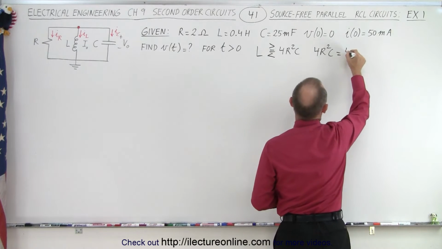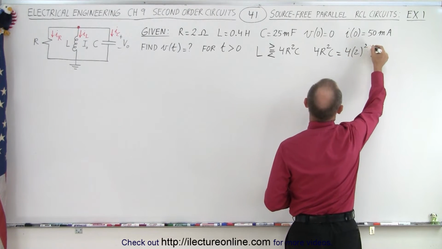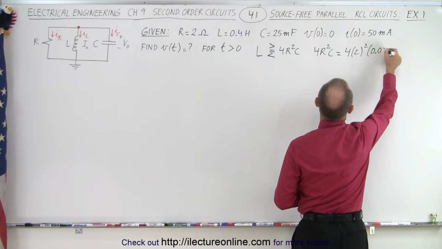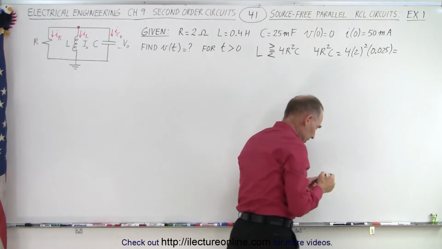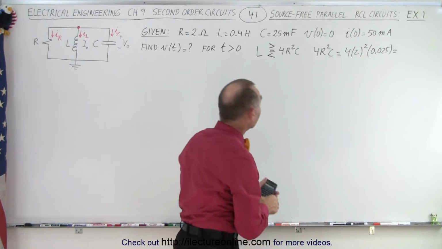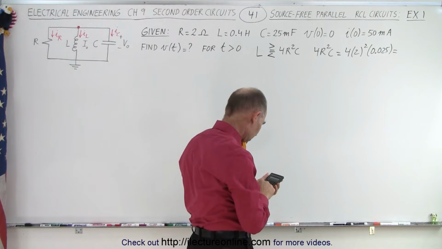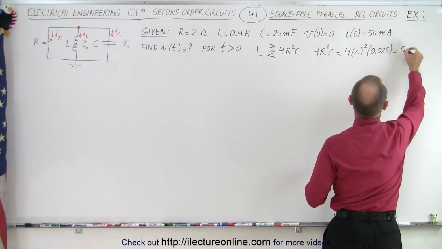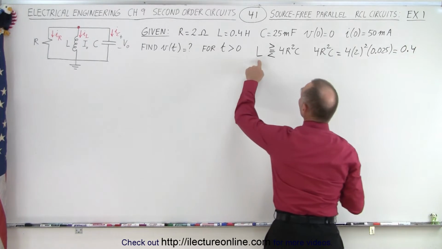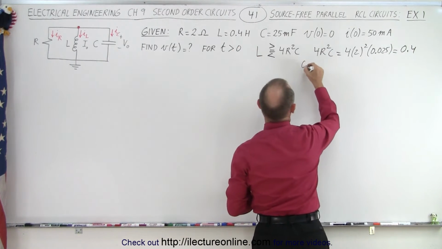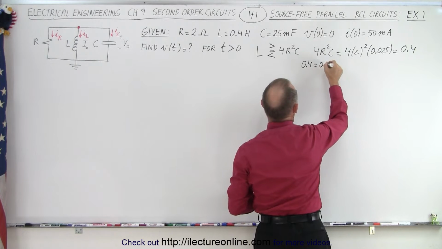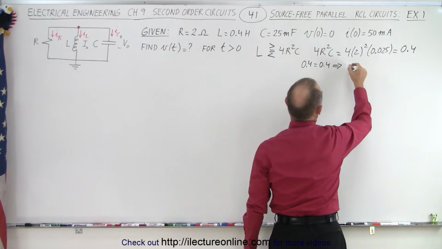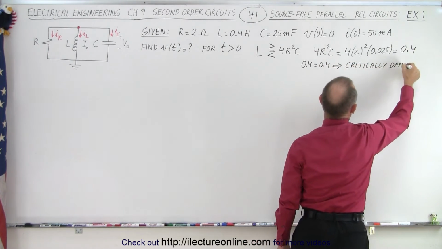So 4R squared C is 4 times 2 squared times 0.025. That's 16 times 0.025, which is 0.4. The inductor is 0.4, so 0.4 equals 0.4, which implies this is critically damped.